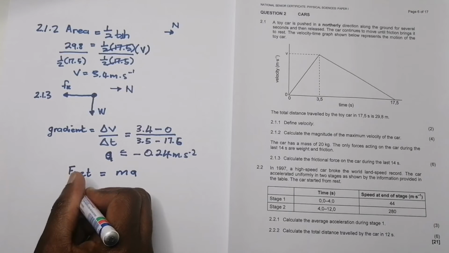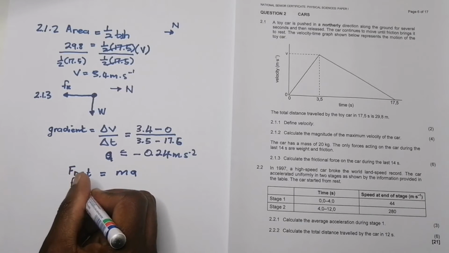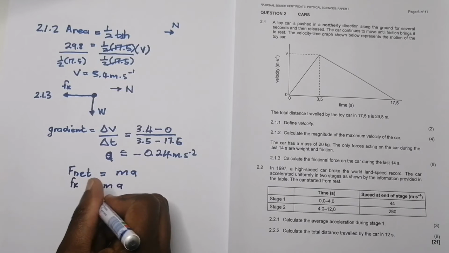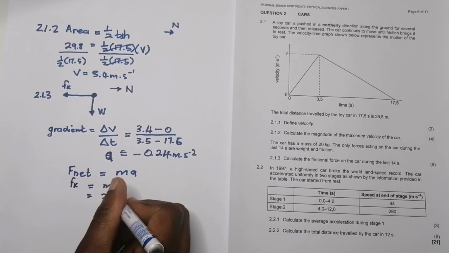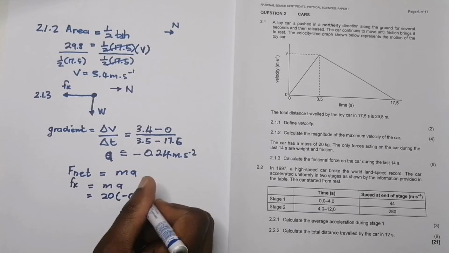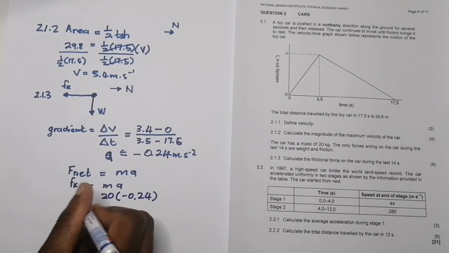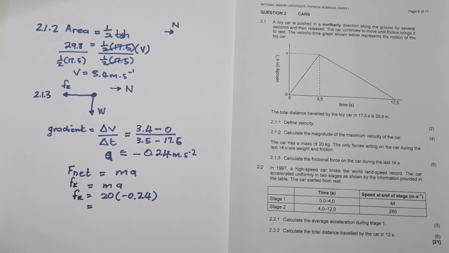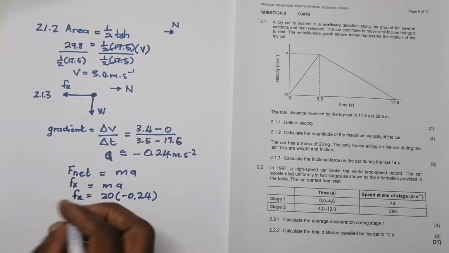So the frictional force would be equal to the mass multiplied by the acceleration. We know the mass, they said it's 20 kilograms, and the acceleration was minus 0.24. So 20 times 0.24, and we simply get a value of 4.8.